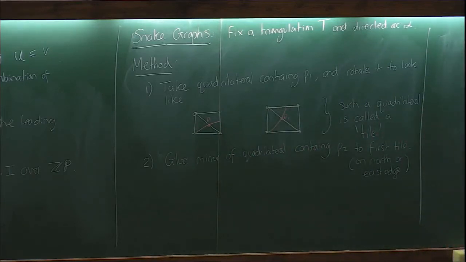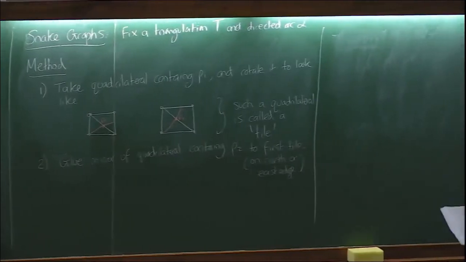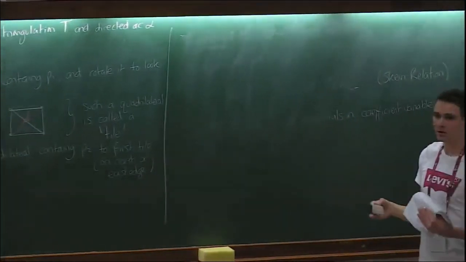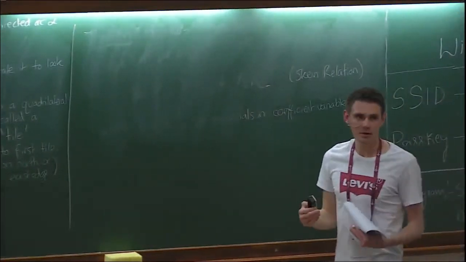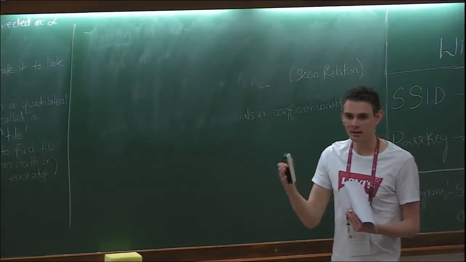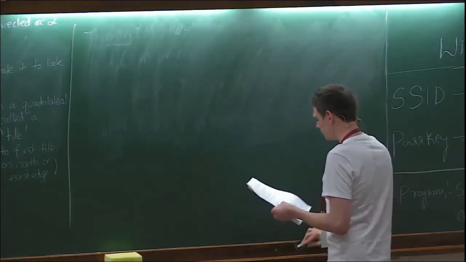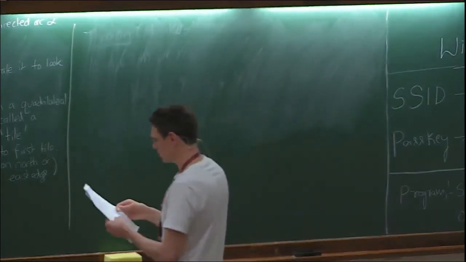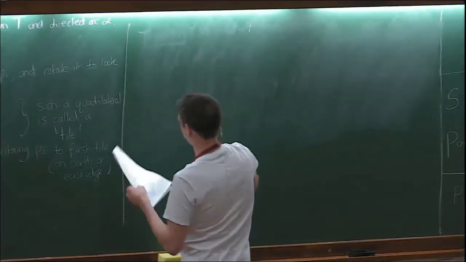And this procedure, we just carry on, and we keep alternating between looking at the actual quadrilateral containing the next intersection point, and then the mirror image of the quadrilateral containing the next intersection point.